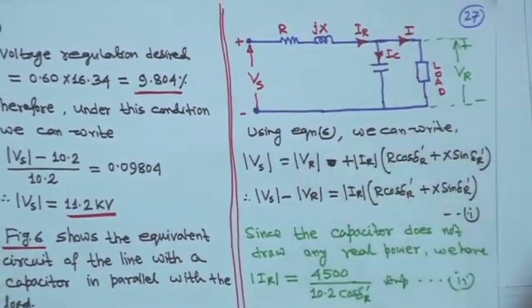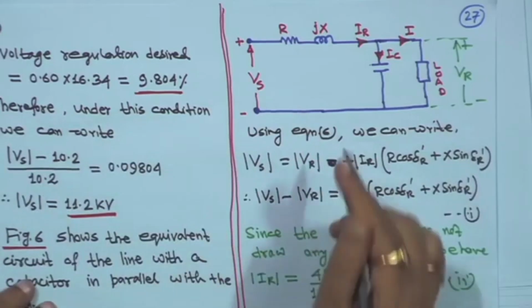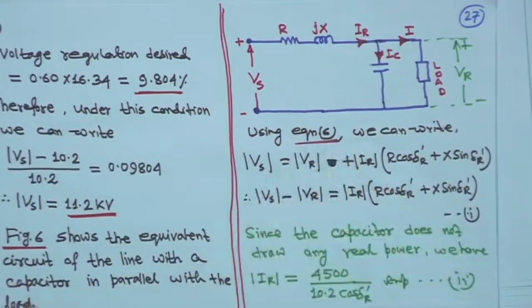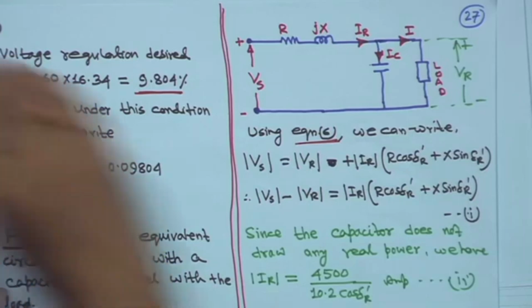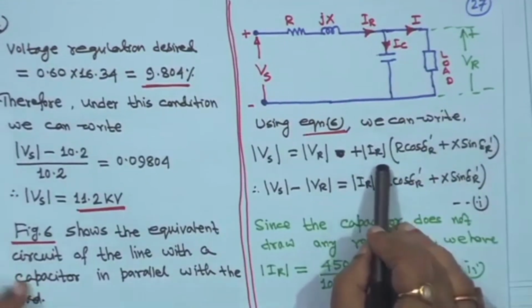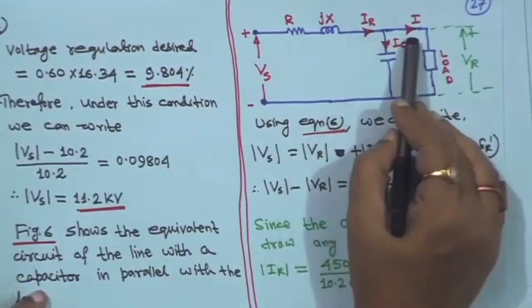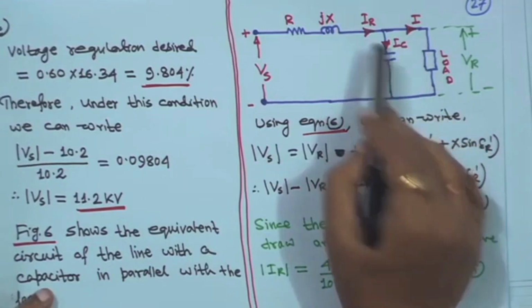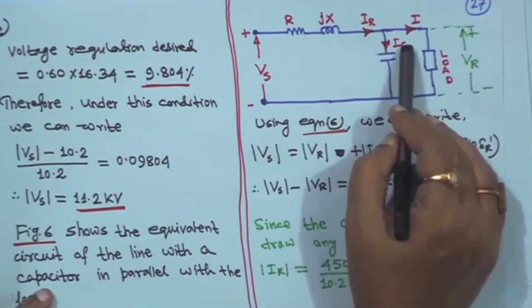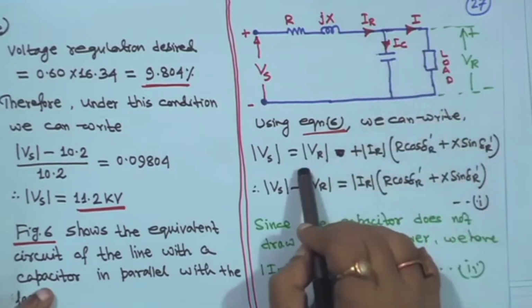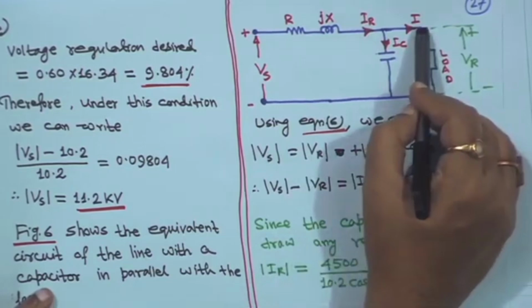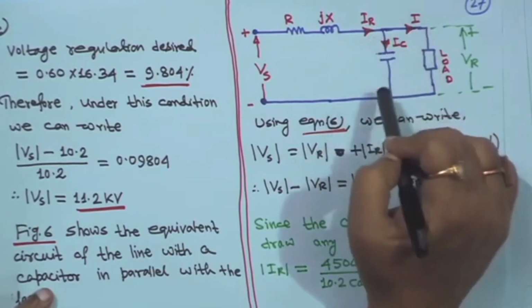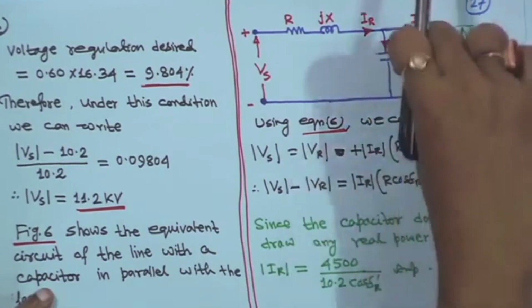Now, again using equation 6 we can write magnitude of V_s is equal to magnitude V_r plus magnitude I_R, because this is the current. Please do not take this current; you have to take the receiving end current. One part is going to the capacitor, another part going to the load, but when you write this equation please do not take this I, otherwise there will be a mistake, because the voltage is parallel.